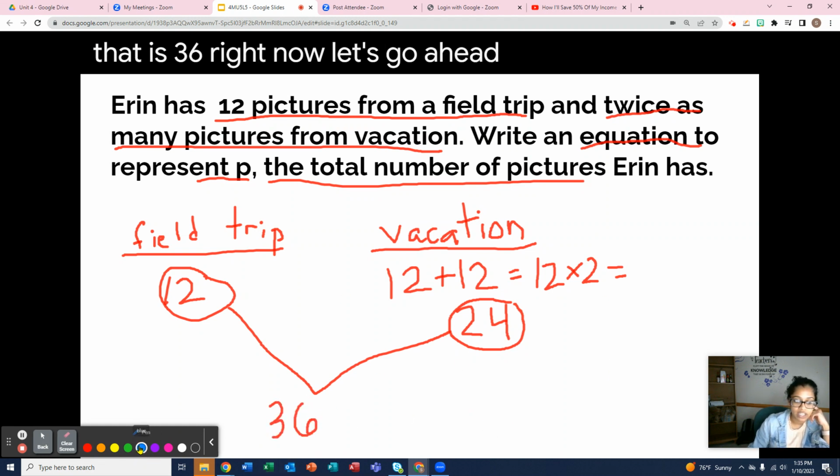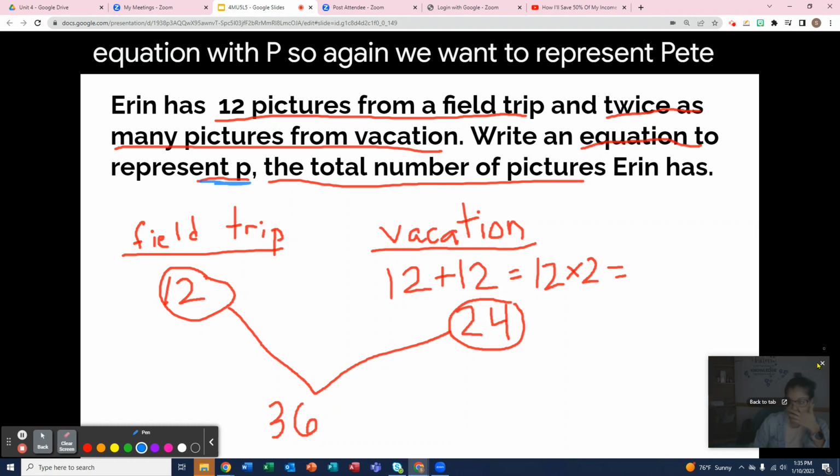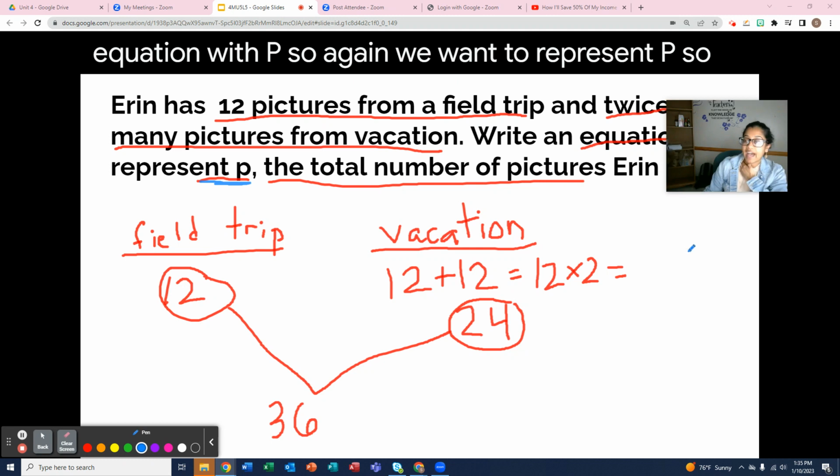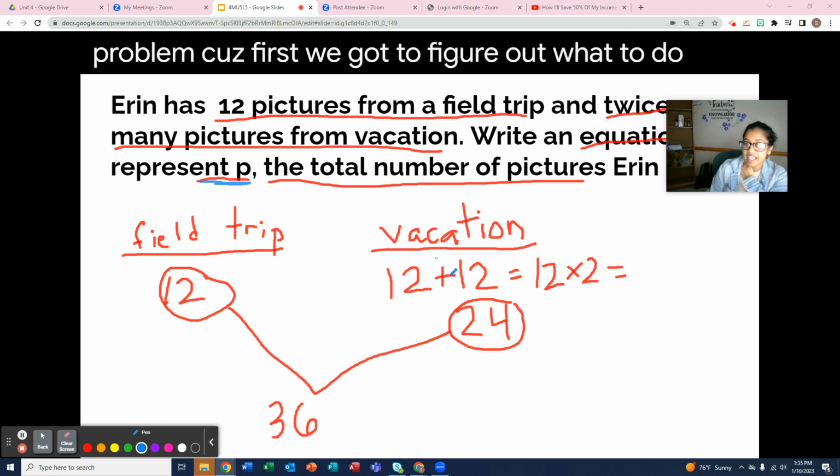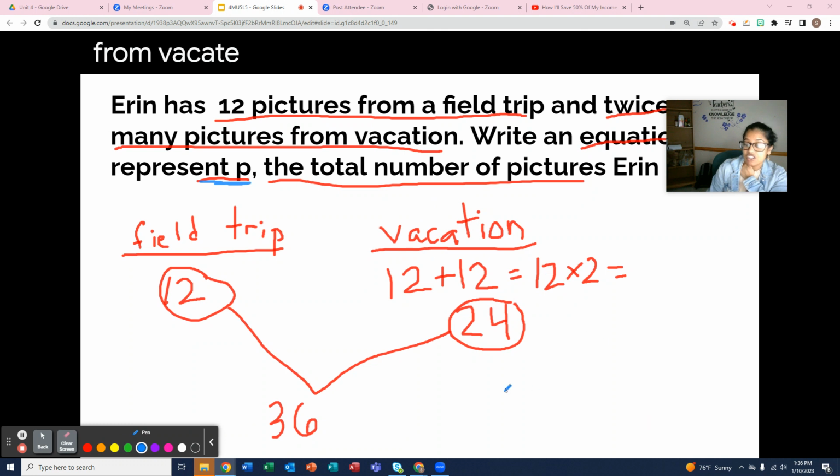Now let's go ahead and write our equation with P. So again, we want to represent P. This is actually going to be a two-step problem because first we got to figure out how much she had in vacation. So we did 12 plus 12, and that is going to equal 24, right?